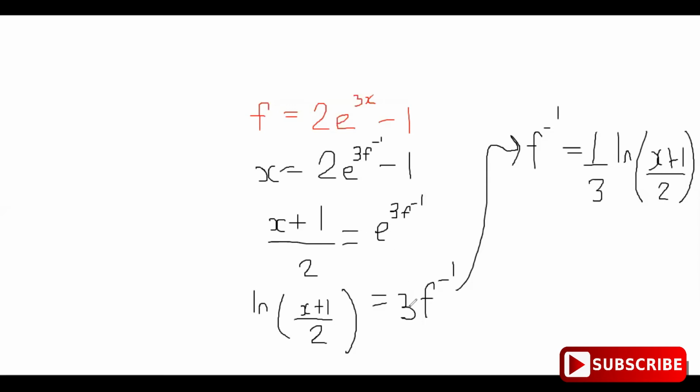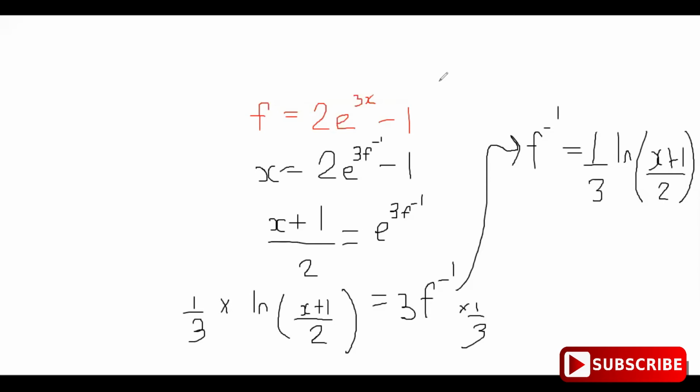So we just get 3f inverse is equal to ln of x plus 1 over 2. We can then multiply both sides by 1 over 3, and then the 3 is going to cancel that 3. And so we get f inverse is 1 over 3 ln of x plus 1 over 2.